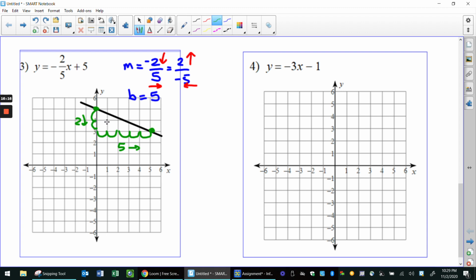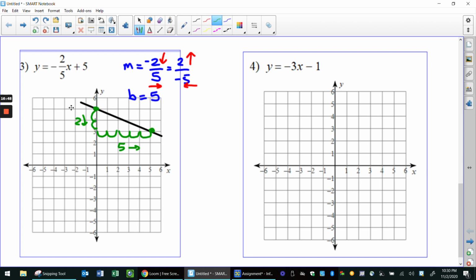But in this case, you could see why it's important to have both options in case you don't have the option of going the other way. You can always use your second option. So in this case, I only had one option, and I did that, and I graphed my line. Okay, so hopefully that made sense, and you're understanding why we want to have 2 different fractions for slope.